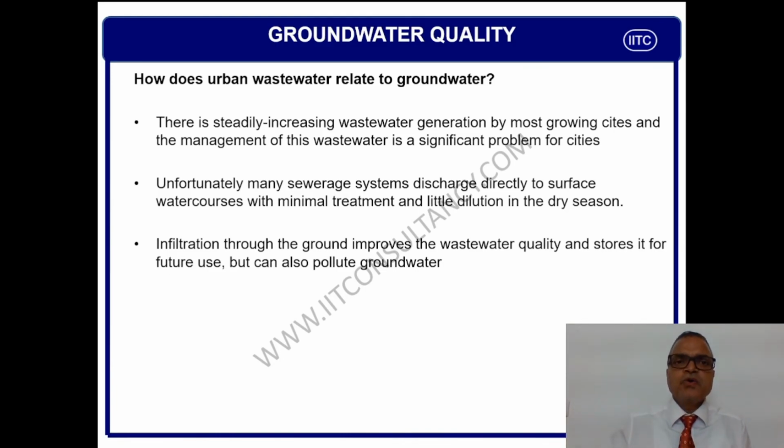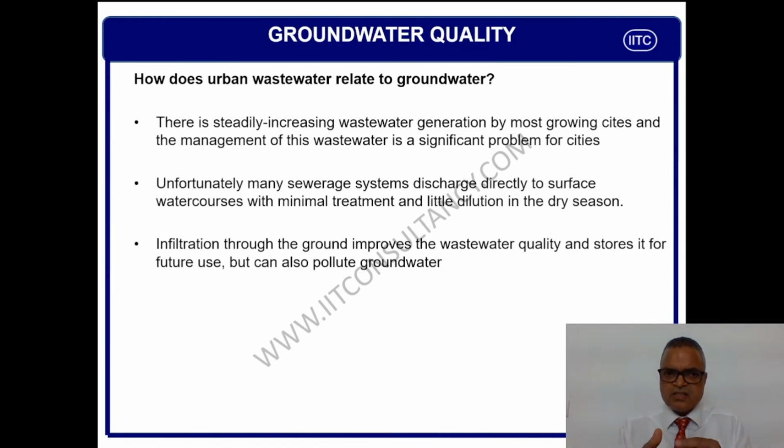Guys, now how does urban wastewater relate to groundwater? There is steadily increasing wastewater generation by most of the cities and townships, and the management of this wastewater is a significant problem in all cities. Unfortunately, in many cases sewage systems discharge directly to the ground surface with minimum treatment and minimum dilution.